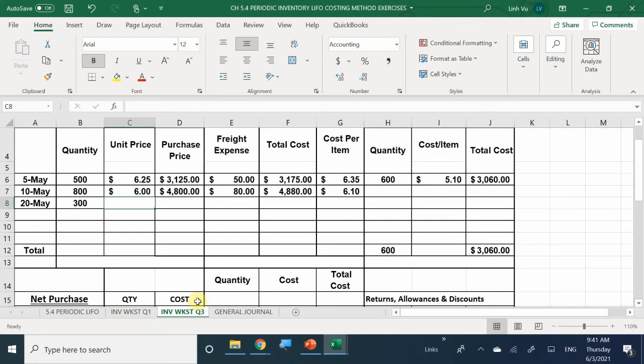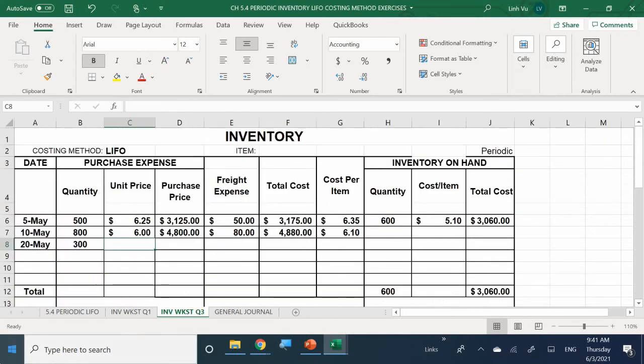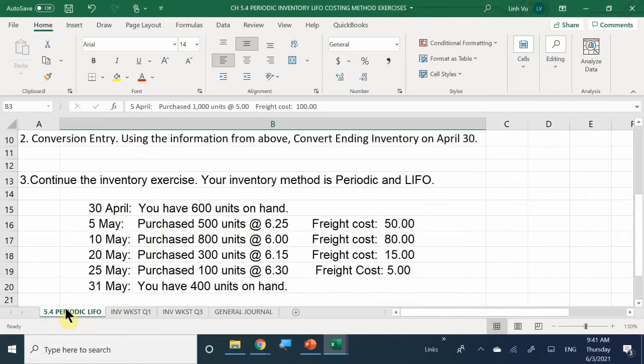Oh shoot, I missed the cost. No worries. $6.15 each.